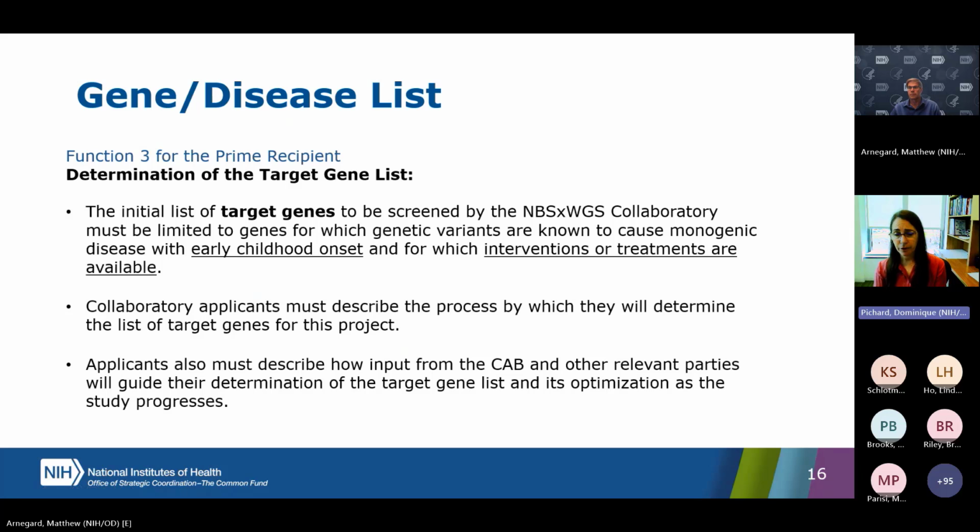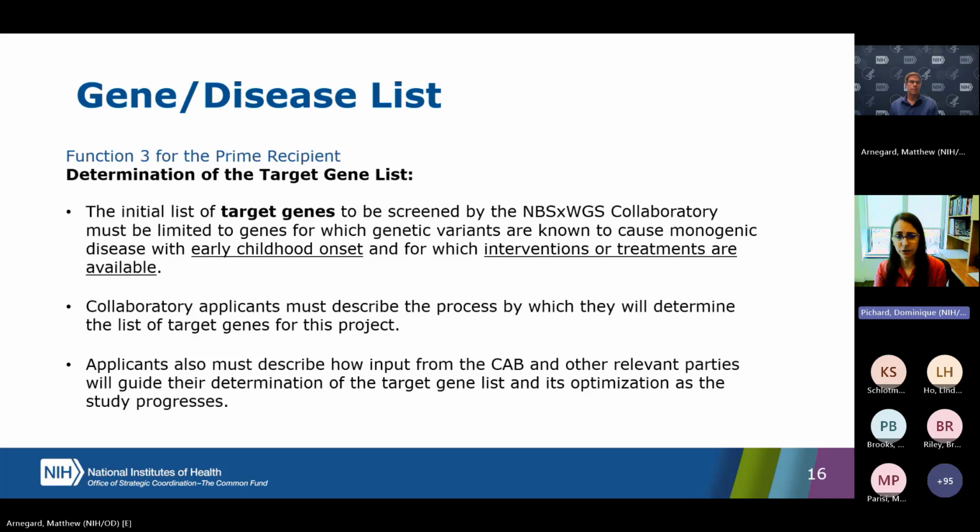As discussed earlier, there are 4 functions that will carry out the work for the collaboratory, each with different expertise and responsibilities. Function 3 for the prime recipient is the whole genome sequencing and analysis function. And I want to highlight from the funding opportunity that one of the responsibilities of this group is to determine the target gene list.